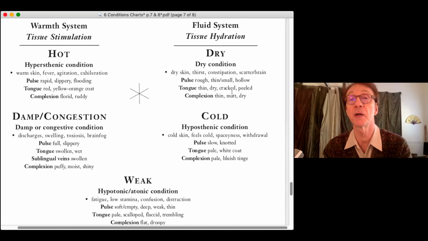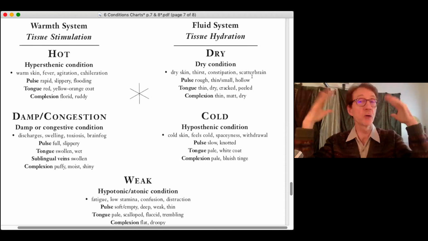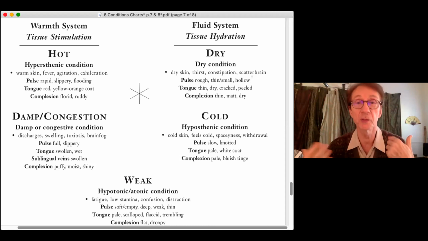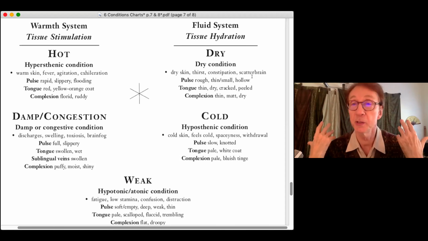So here we are, dry condition. Dryness in an individual creates scattered thinking. So they're thinking all over the place. You know, they're distracted all the time. They cannot focus. They change their mind. They have difficulty making decisions.